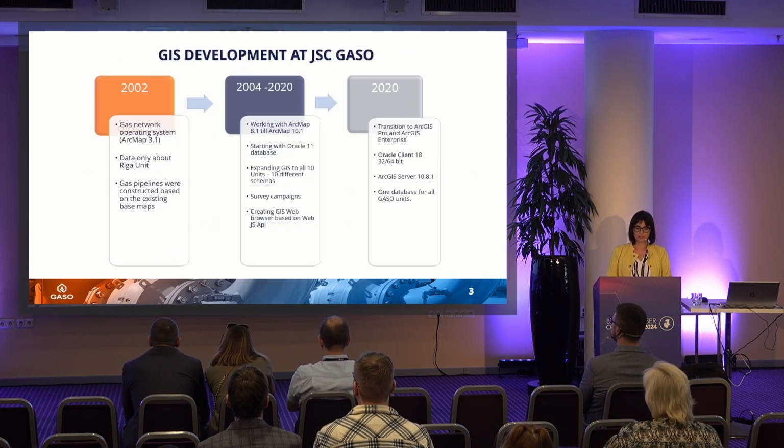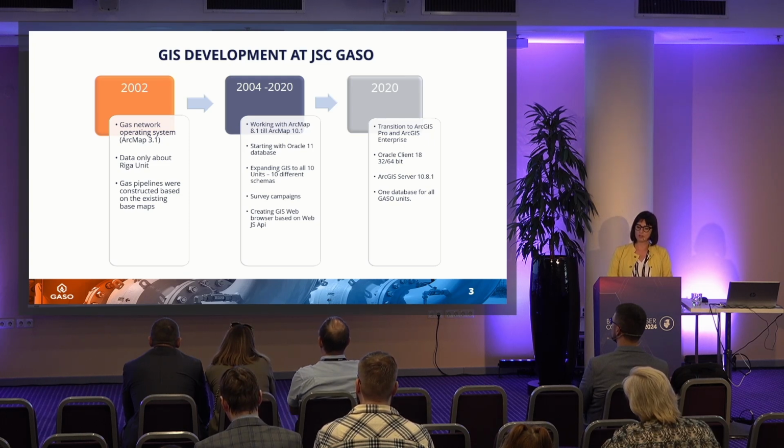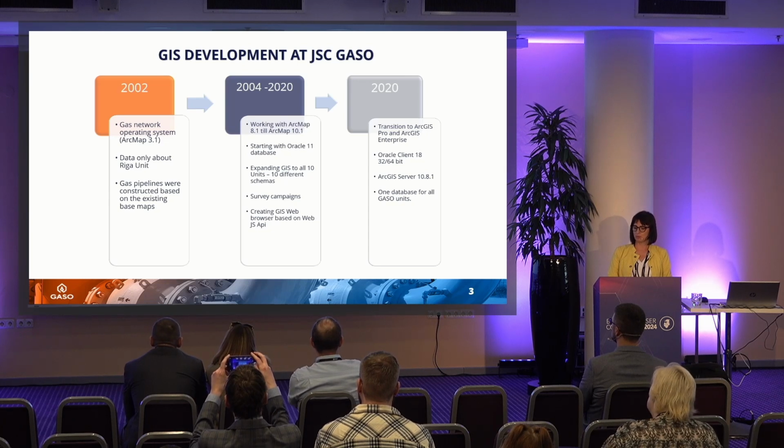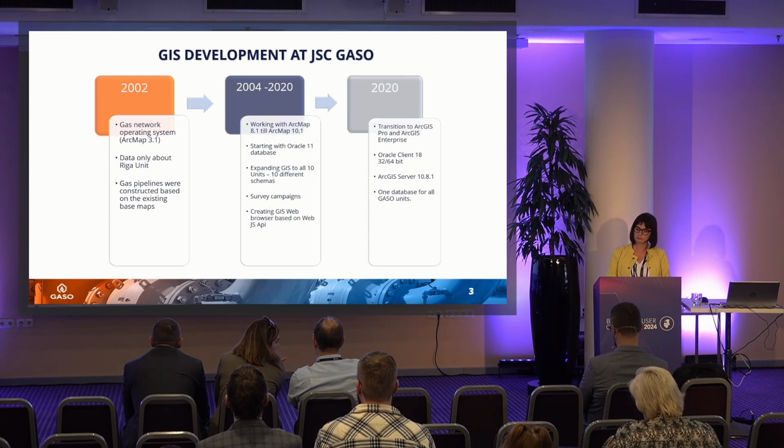So this is our path in the GIS world. We started in 2002. I cannot say that was exactly pure GIS, because all the attribute data was stored in one system, and we were using ArcMap only for the geometry.